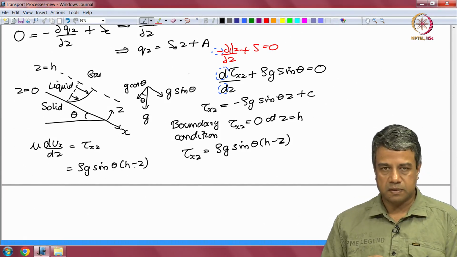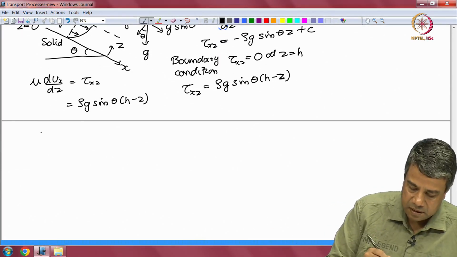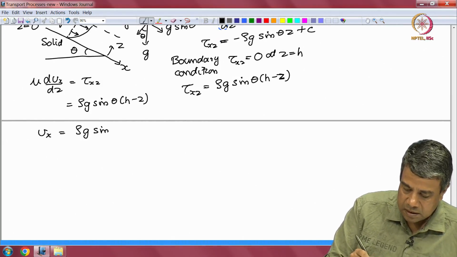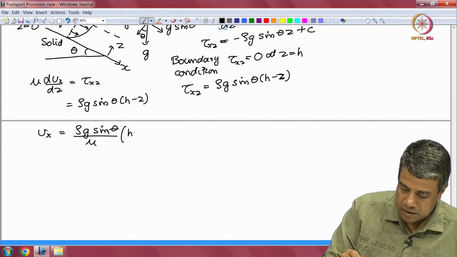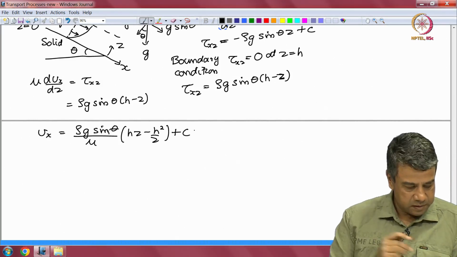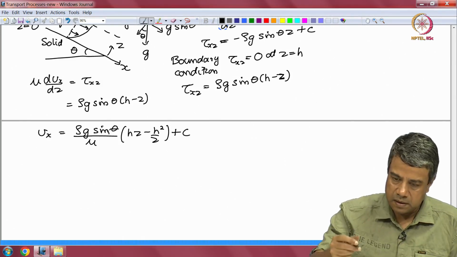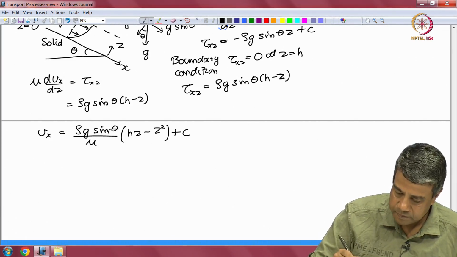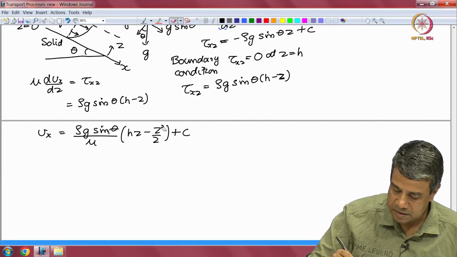So, therefore, I can get Vx is equal to rho g sin theta by mu into hz minus h square by 2 plus a constant. I am sorry, z square by 2. If I integrate h minus z, I will get hz minus z square by 2.